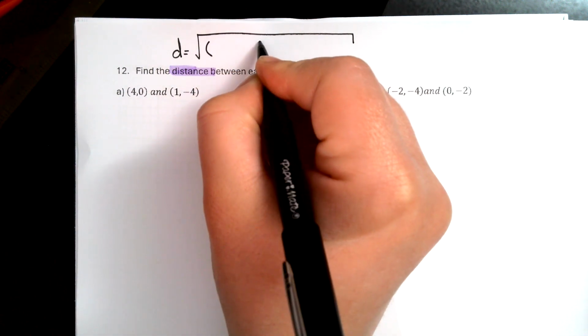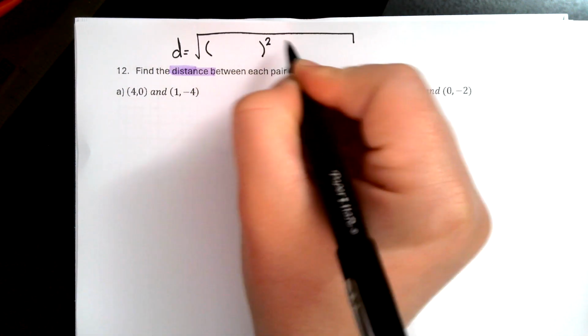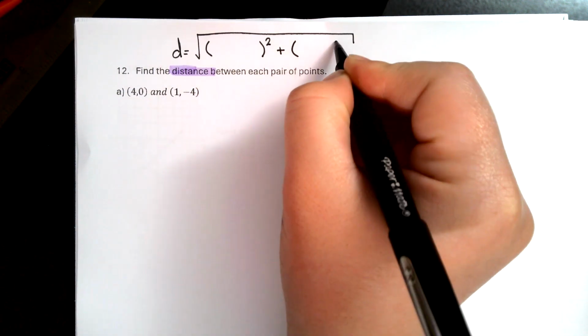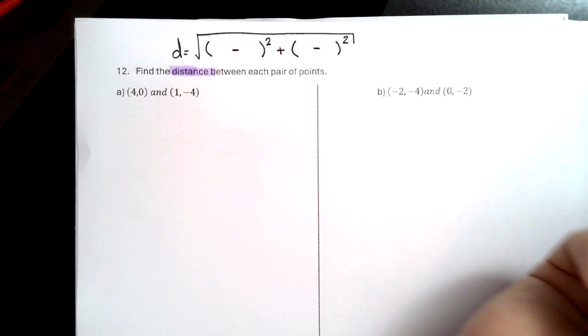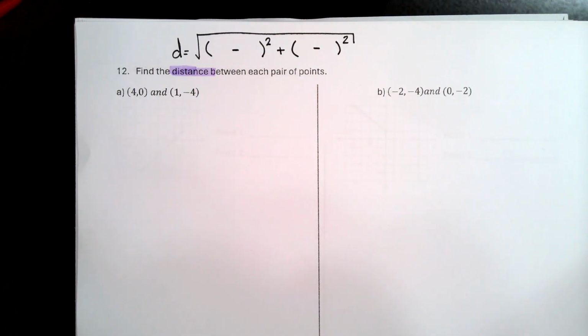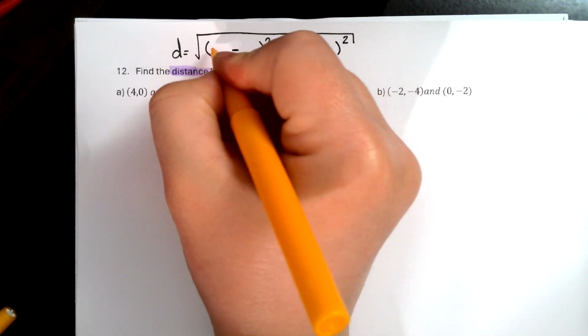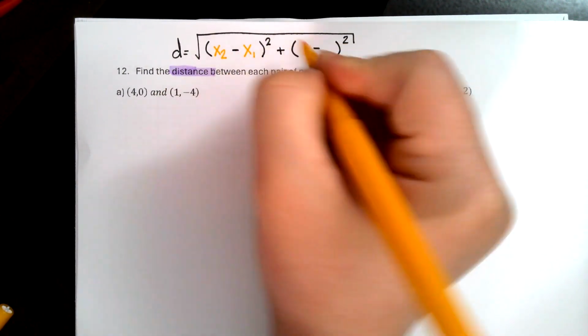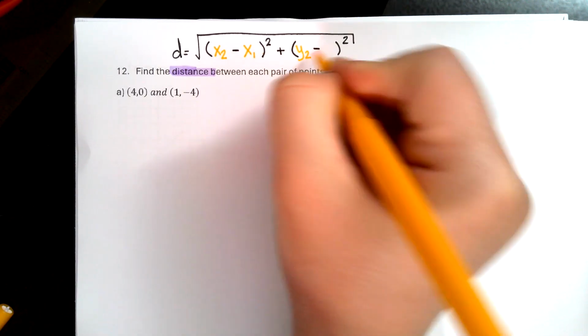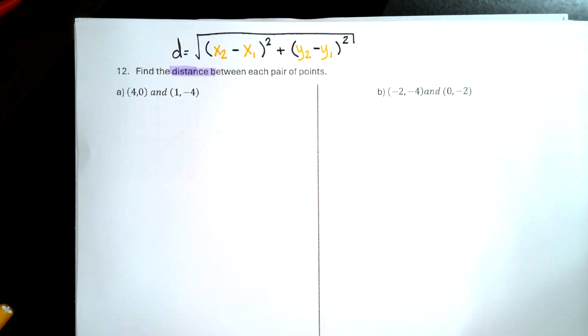We're going to have two parentheses squared with a plus symbol in the middle. And inside of the parentheses, you're going to have a minus. Now, inside of that, we have x2 minus x1 quantity squared plus y2 minus y1 quantity squared.